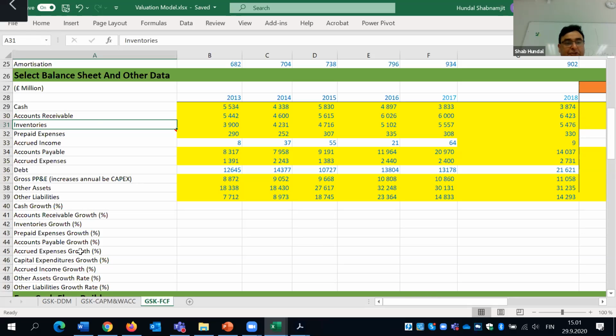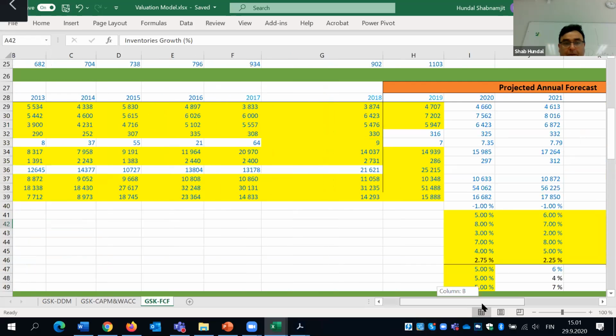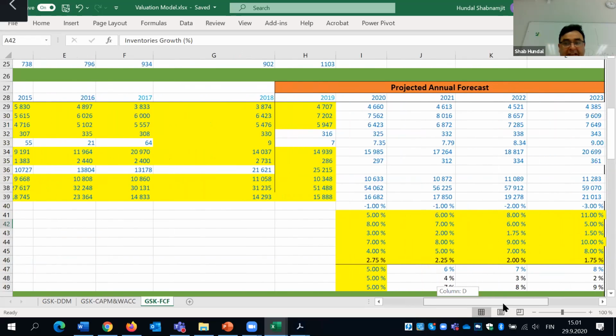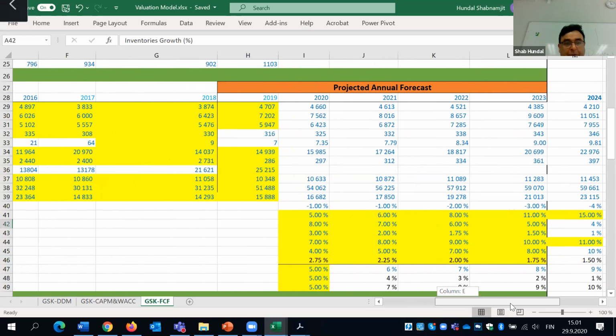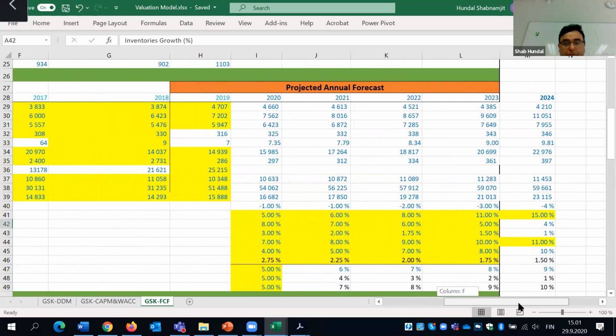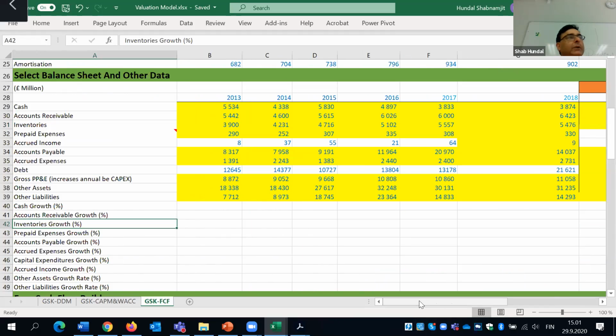My assumption is that the inventory growth rate is actually going down, yeah? If you look at row 42, you see that the inventories are going down. The company wants to maintain less inventories.